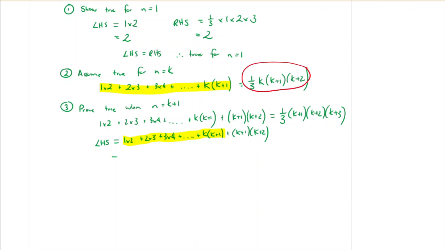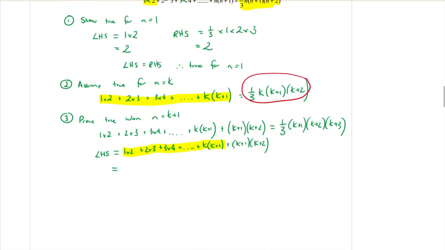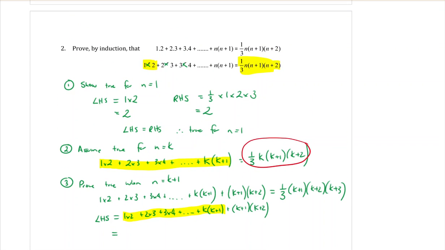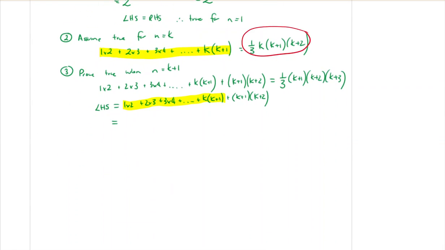Yes, Sunny. Where did you get the k plus 1 and k plus 2 in the left-hand side? That was the original question. This is the original question where I've just replaced the n's with the k's. Okay, so in the whole highlighted section, on the left-hand side, where did you get the k plus 1 and k plus 2? This one down here? Yeah.